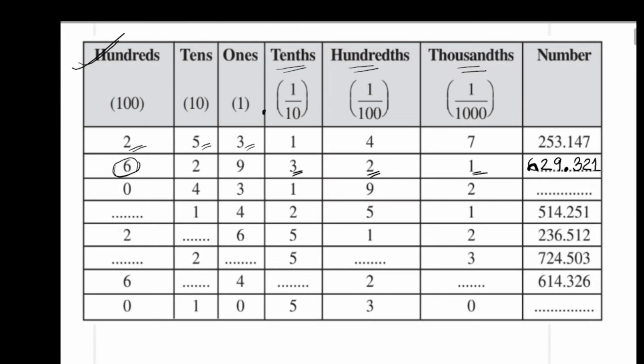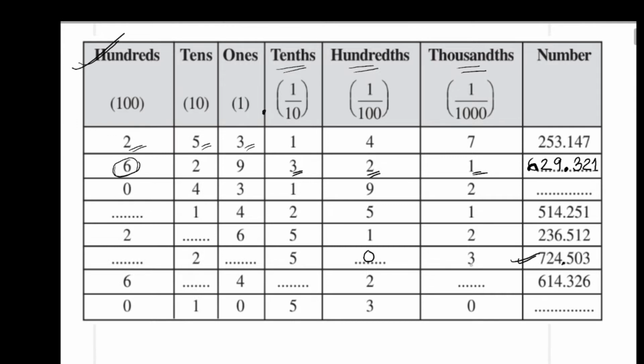Now see here a number is given. It is read as 724.503. After the decimal point we cannot read it as five hundred three. Simply we have to read 5, 0, 3. That means see, 5 is at which place? Tenths. 0 is at which place?